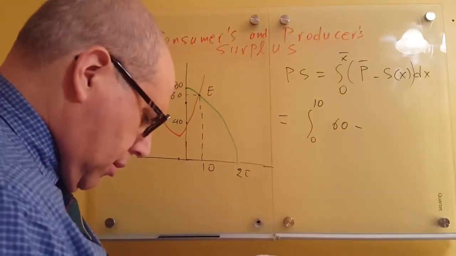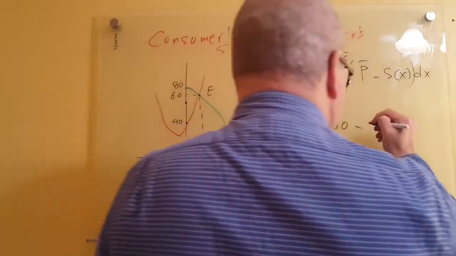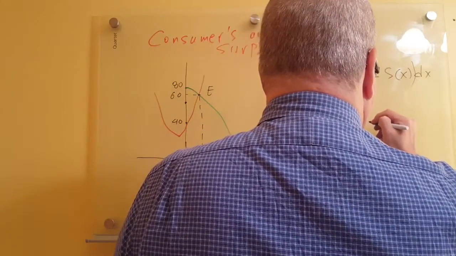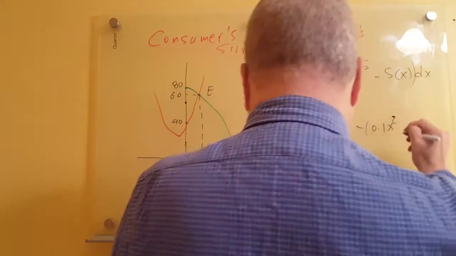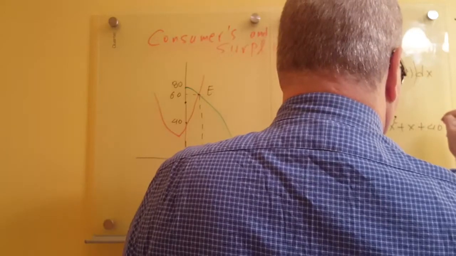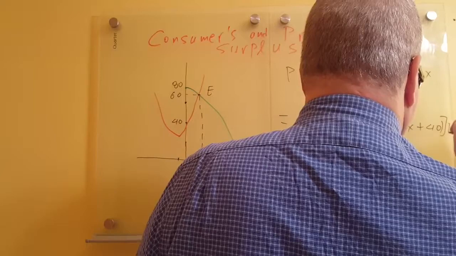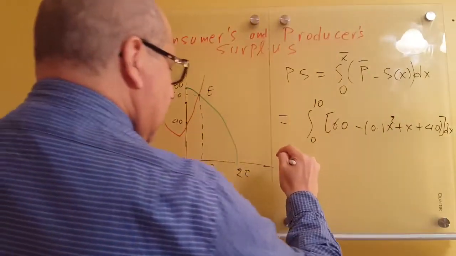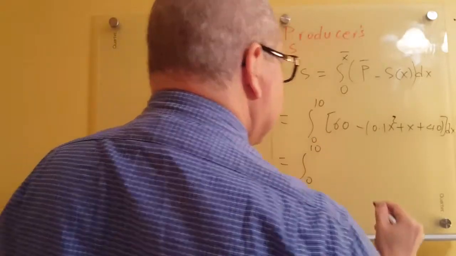and the price supply equation is 0.1x squared plus x plus 40, and of course all of this has to be with respect to dx, from 0 to 10.